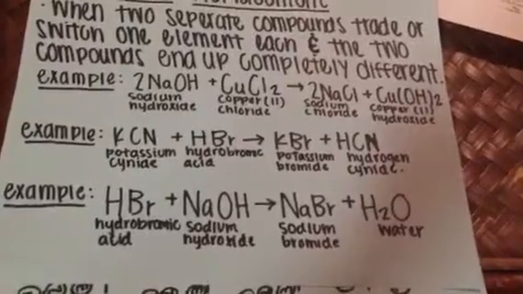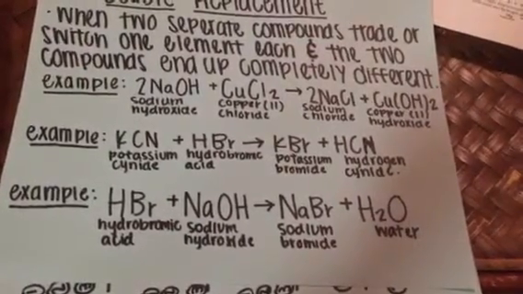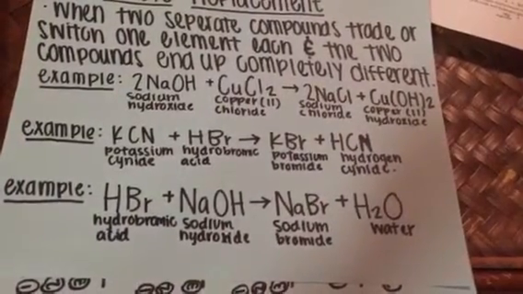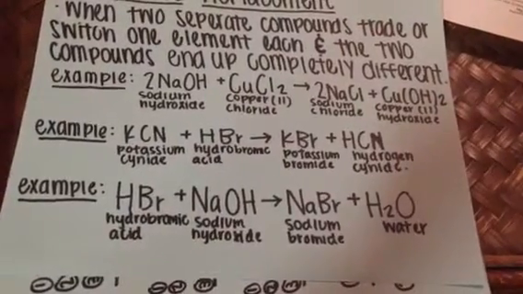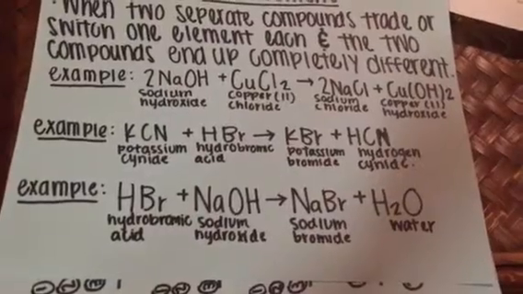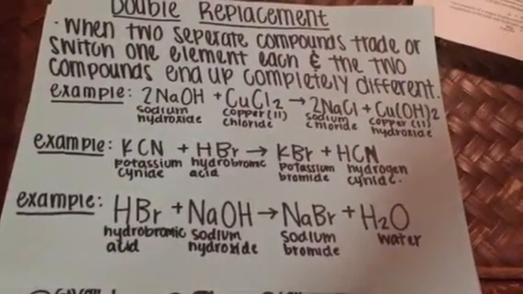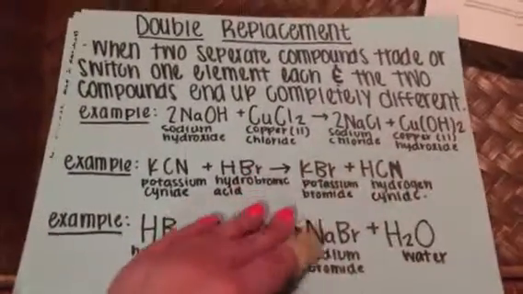Example: potassium cyanide and hydrobromic acid react to form potassium bromide and hydrogen cyanide. Example: hydrobromic acid and sodium hydroxide react to form sodium bromide and water.